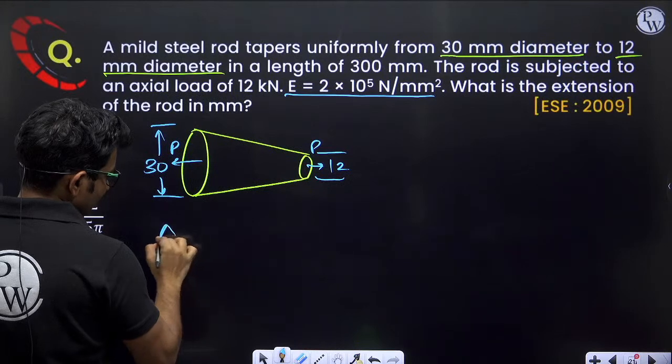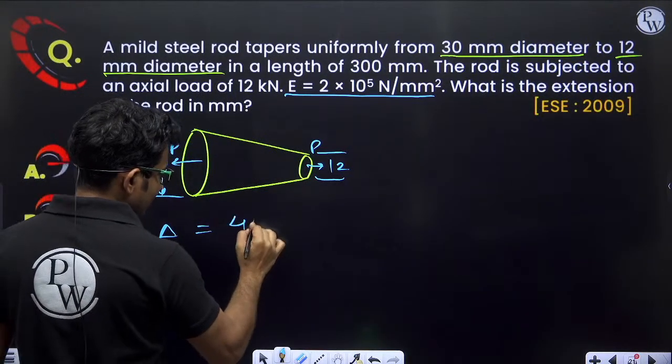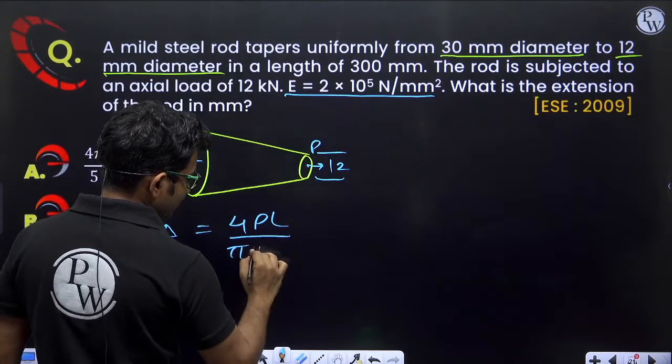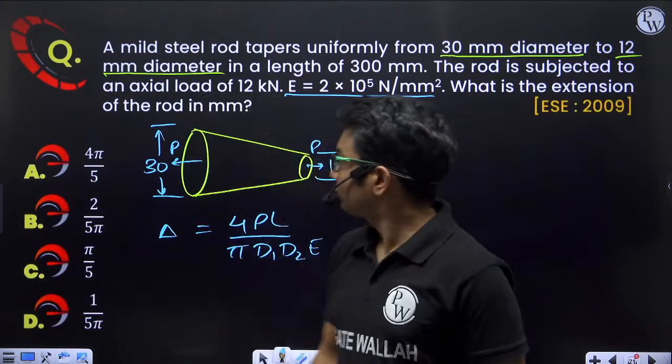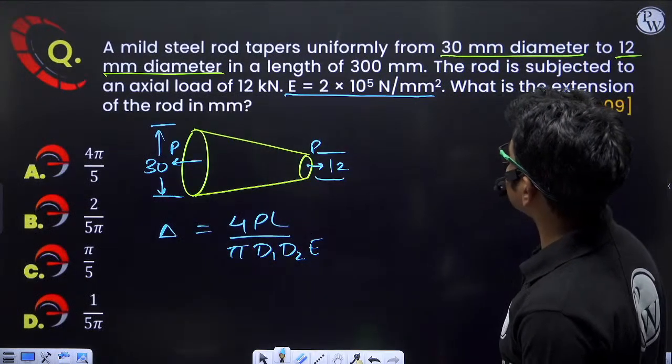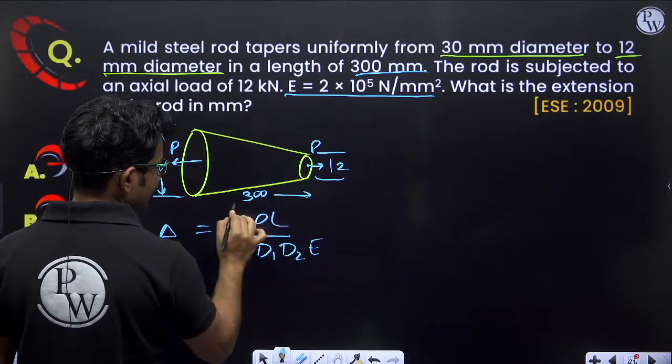So extension of the rod, what is the formula? 4 PL upon pi D1 D2 E. So this is the formula. Length is given as 300 mm. So we should also mention this 300 mm is the length.